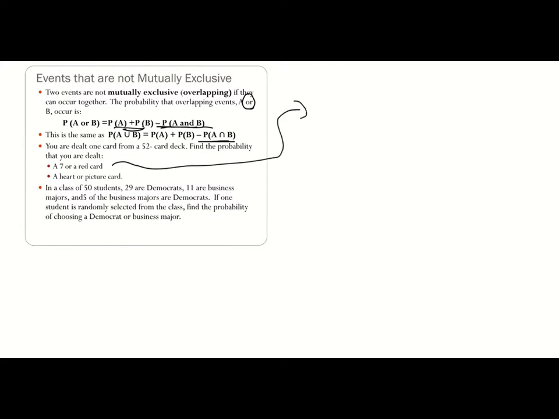The probability we are dealt a red card or a 7 is going to be... out of the 52 cards, there are 4 sevens. Now, red cards: half the deck is red, because 2 of the suits are red, so it'll be 26 out of 52.